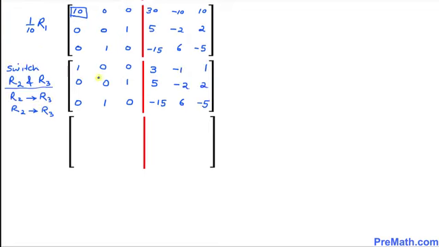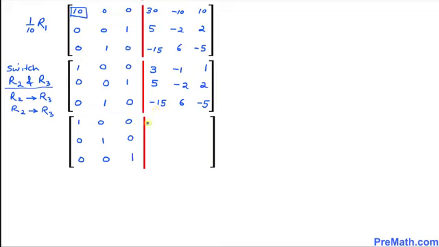We need to switch rows 2 and 3. If we can do this, we will be done, and we will get an identity matrix. So this top row is 1, 0, 0. And now we're going to switch the others. The third row becomes the second row, and the second row becomes the third row.